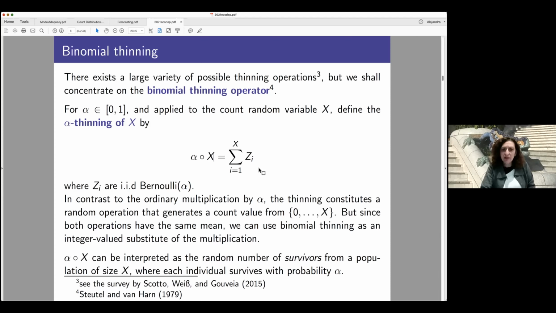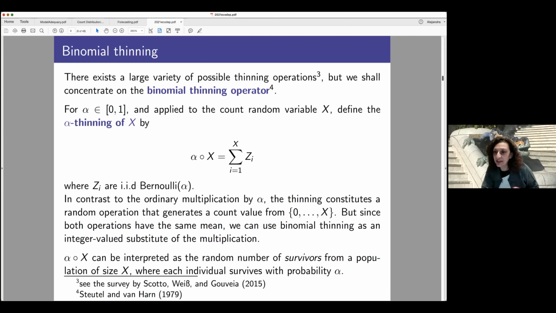But that interpretation somehow can be misleading when dealing with time series, because we maybe don't want an individual to survive from one generation to the other, but just the number of individuals to be the number of individuals that we had before, somehow thinned by this operation.